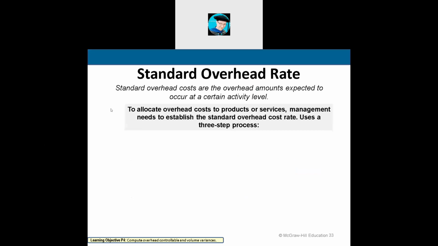When it comes to overhead, it's what we expect at a certain activity level. For example, if I'm at 100%, then I would expect my overhead rate to be a certain amount at 100%. If it's less than 100%, I would expect that amount to be different.